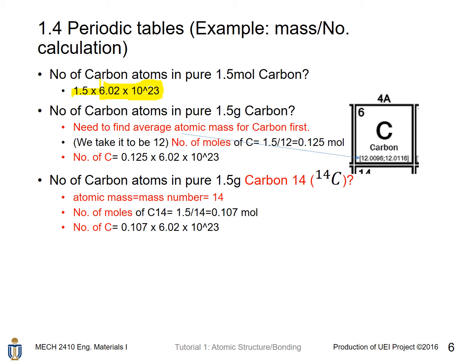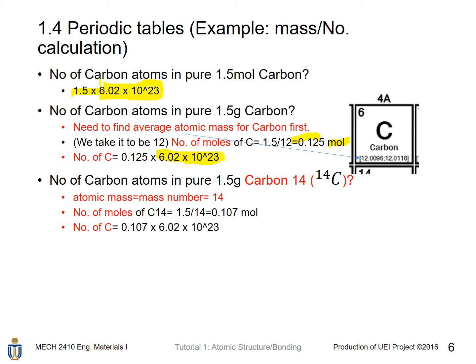If you take 1 over gram per mole, it becomes mole per gram, and we eliminate the gram, so the unit will be mole. The number of C, therefore, we just multiply this number by the Avogadro constant, which indicates how many atoms are within 1 mole.